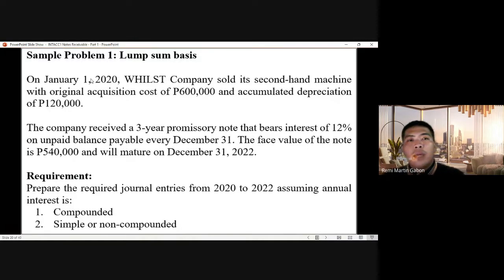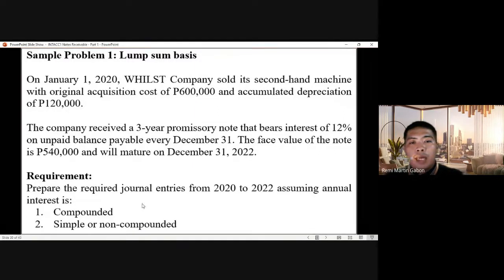On January 1, 2020, Will's company sold its second-hand machine with original acquisition cost of $600,000 and accumulated depreciation of $120,000. The company received 3-year promissory note that bears interest at 12% on unpaid balance payable every December 31. The face value of the promissory note, 540,000 and will mature in December 31, 2020.